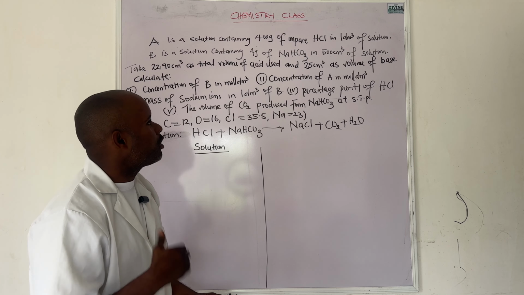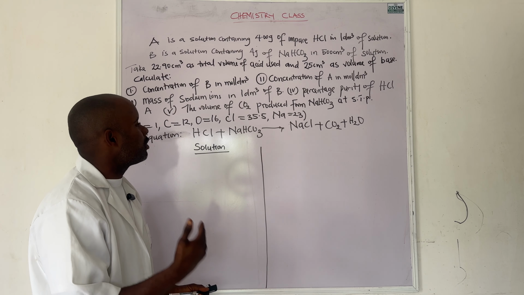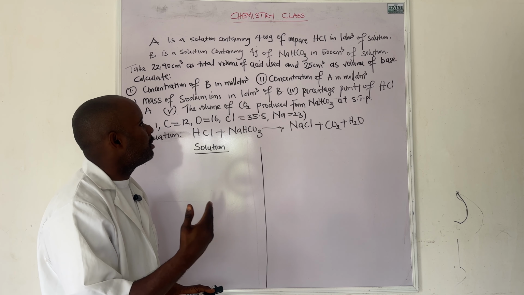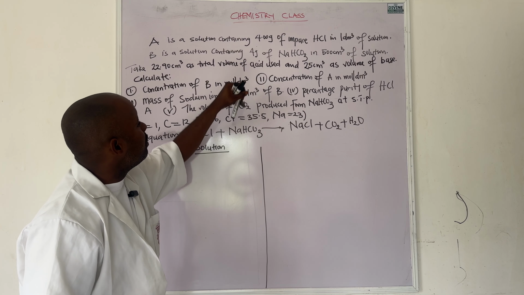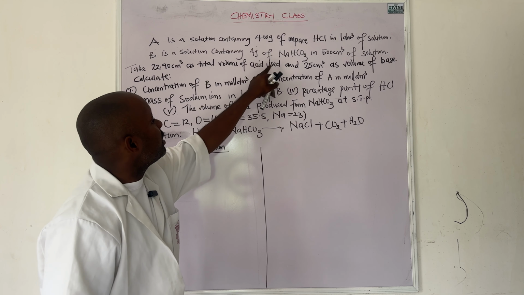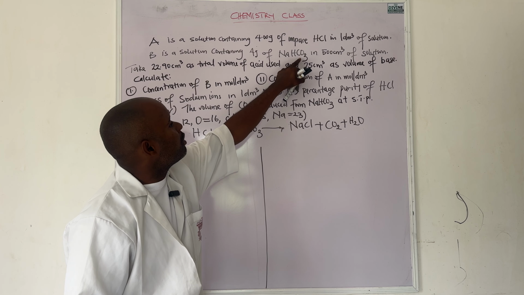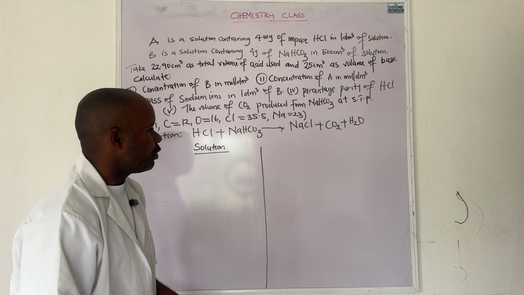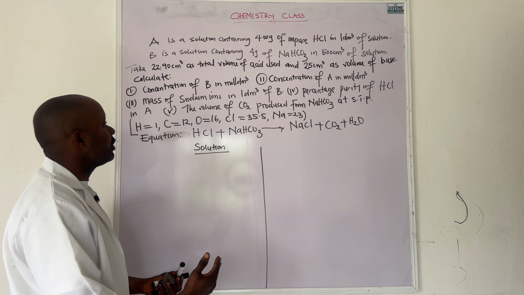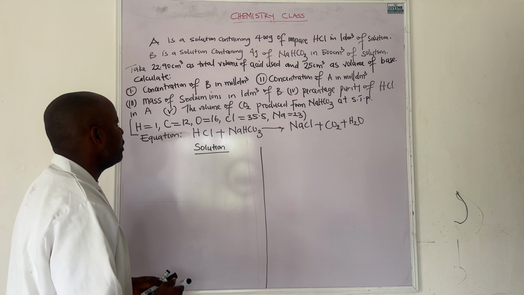So in this now, we must know how many grams of sodium hydrogen trioxocarbonate IV will be dissolved in 1 dm cube. That is for us to have the mass concentration of sodium hydrogen trioxocarbonate IV.